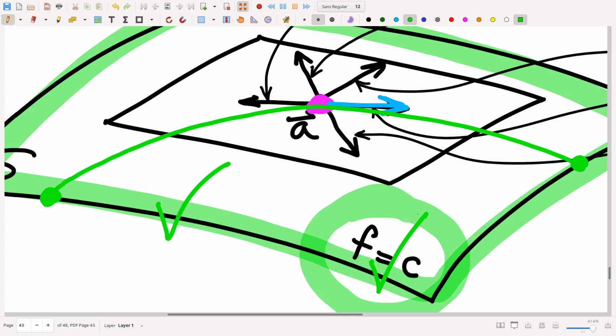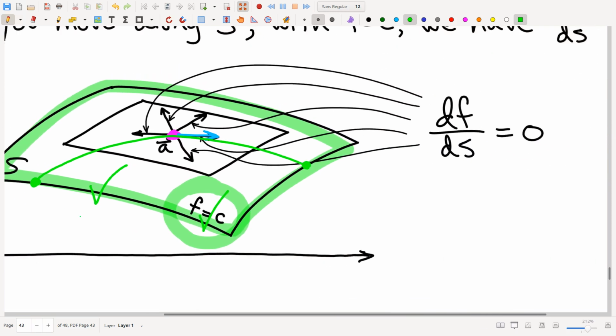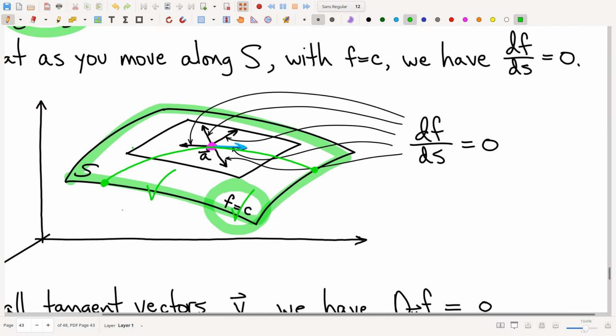As I move through this point and going in the direction that the curve is going, right? This blue vector is the velocity vector of this curve. As I'm at this purple point moving in this blue direction, the function's not changing. The rate of change of the function is 0. And that means that the directional derivative in this direction here, the directional derivative is 0.